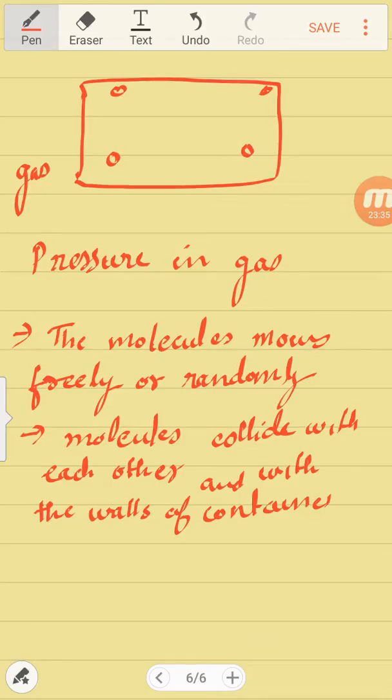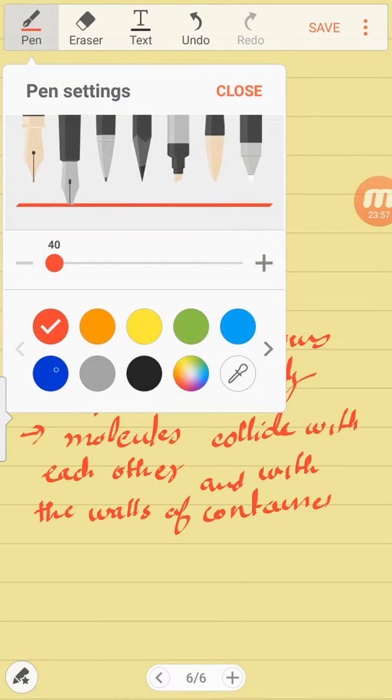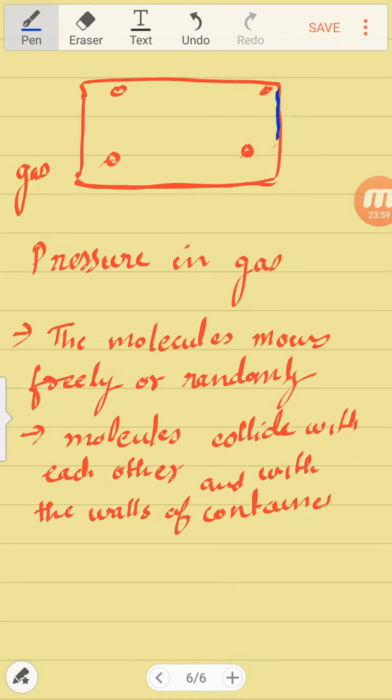What is meant by this? The molecules in gas will collide with each other and it will collide with the wall of the container. You have to mention this word collide.